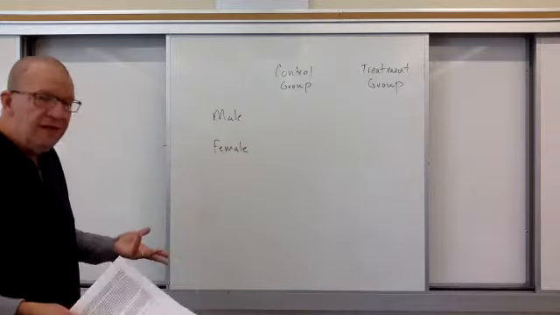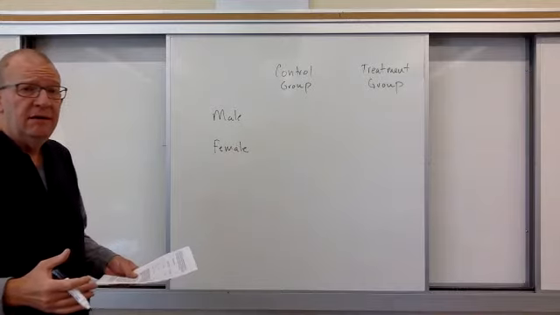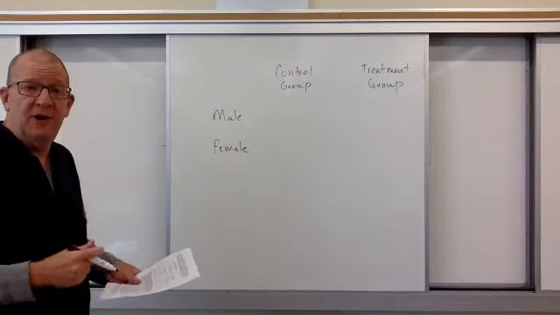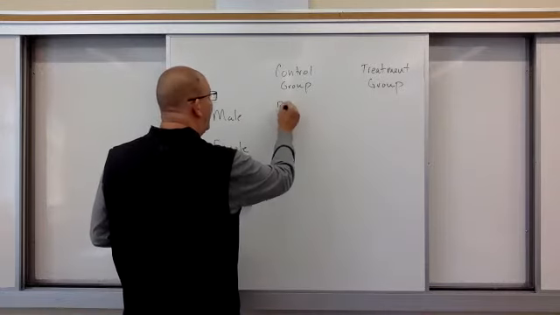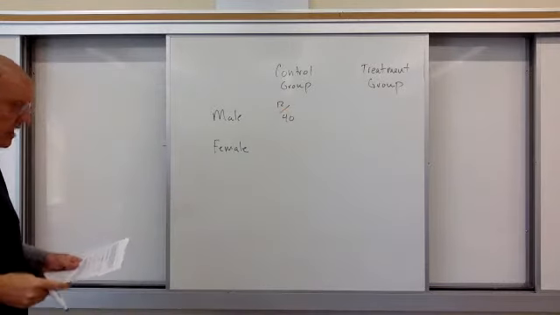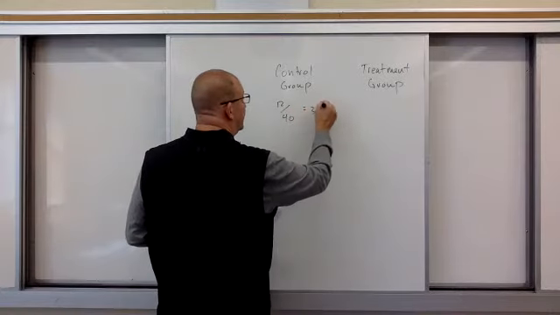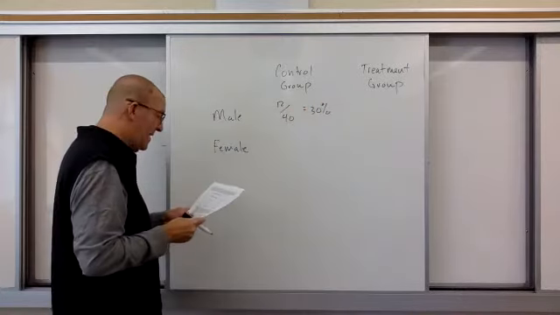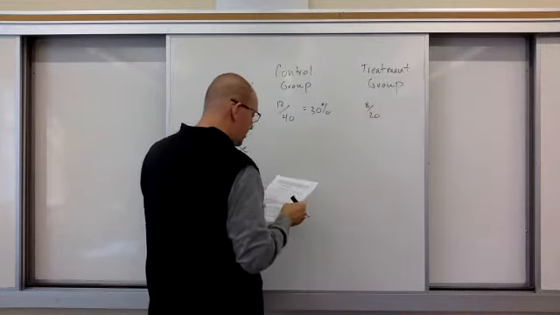And let's see if we can identify Simpson's paradox. Okay, in the control group, 12 out of 40 of the men had a heart attack. That's about 30%. For the men, 8 out of 20 in the treatment group had a heart attack.